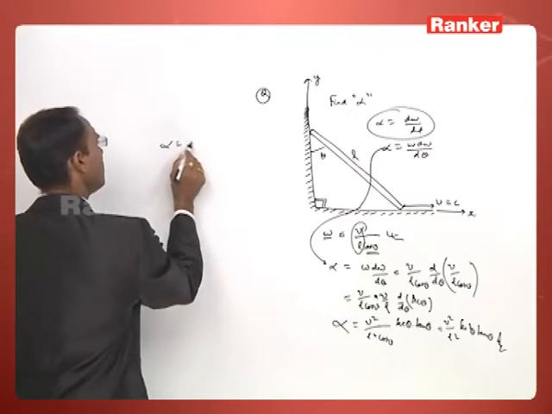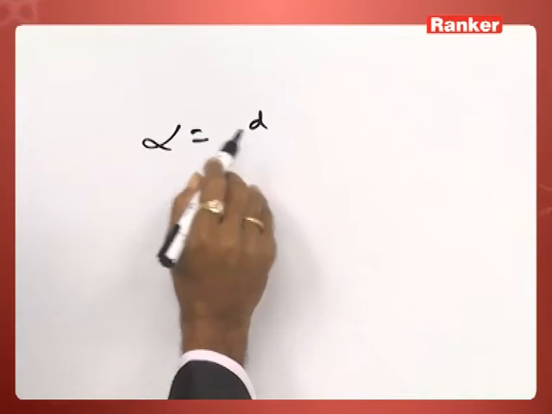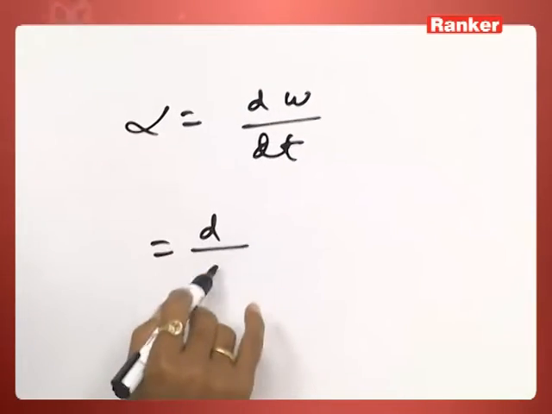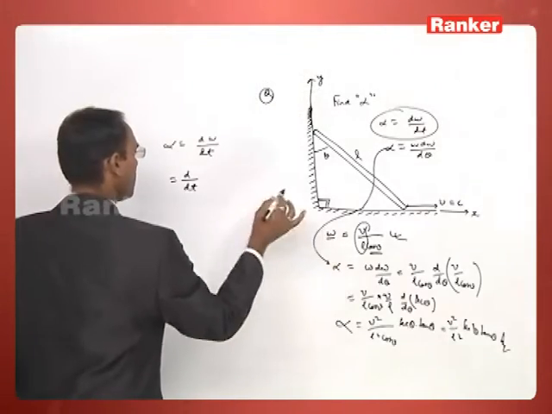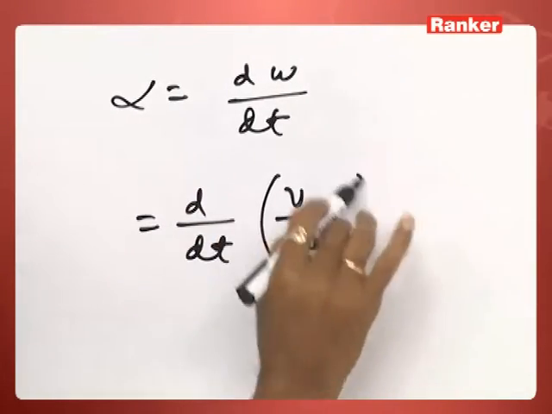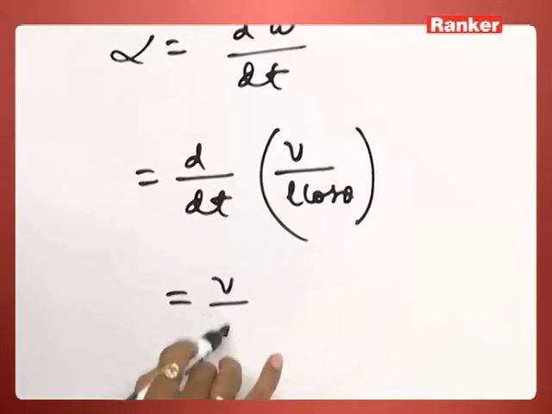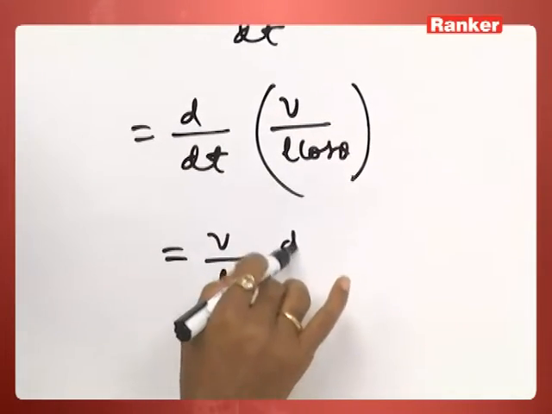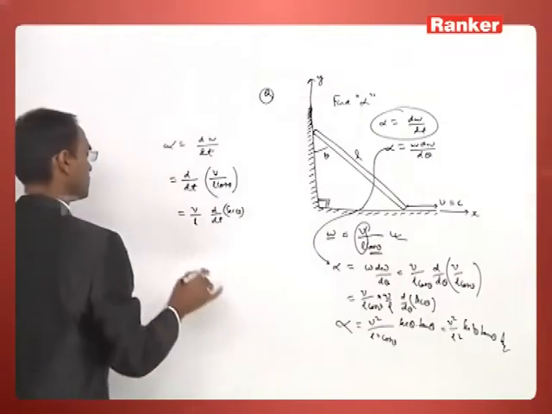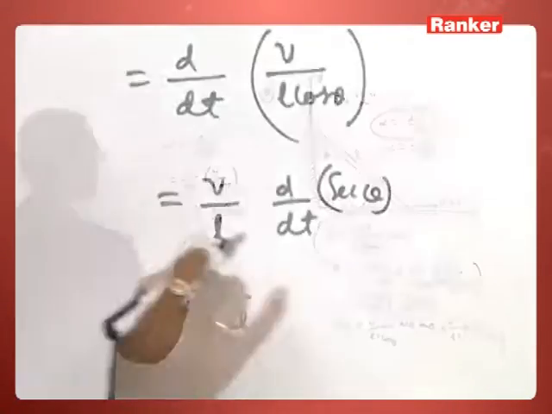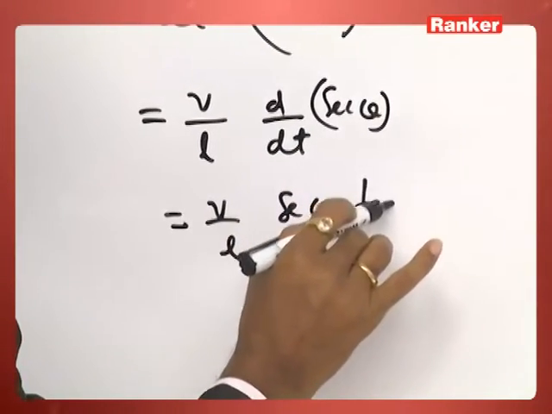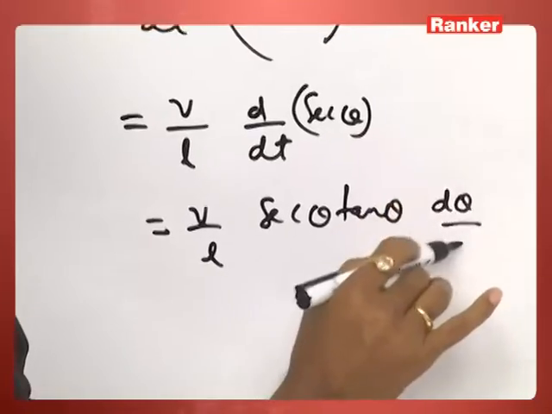Alpha is equal to d omega by dt. What is omega? Omega is equal to V by L cos theta. Take V by L out, so d by dt of secant theta. This can be written as secant theta into tan theta d theta by dt.